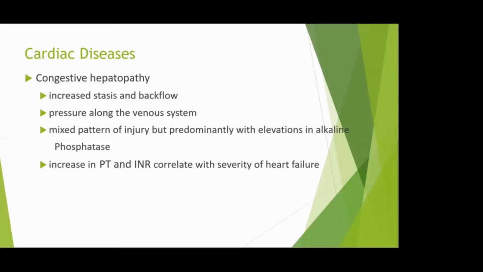These levels may fluctuate with an associated increase in PT and INR and correlate with severity of heart failure. Liver biopsy is rarely performed here, and there are varying degrees of hepatic venular and centrilobular sinus dilatation.